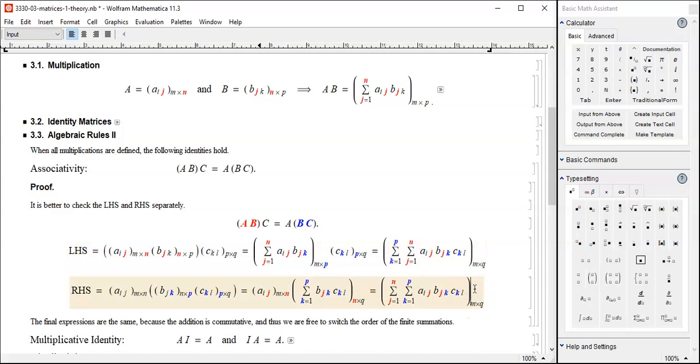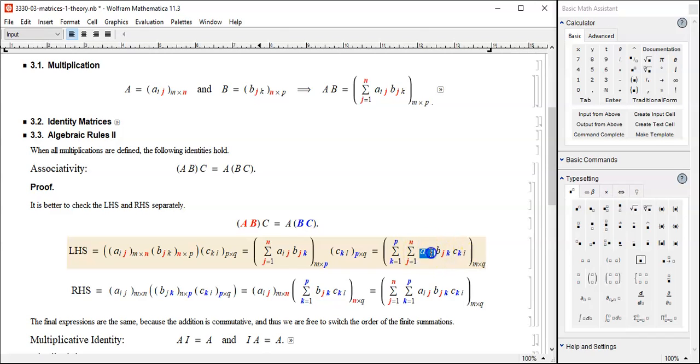How about the next one? We have to do this blue computation first. So matrix size NP, PQ. So we get NQ. And how about the indices JK, KL? So we have JL. And then combine that with the first matrix, IJ, JL. So we end up with IL. So this is IL, that too is IL.